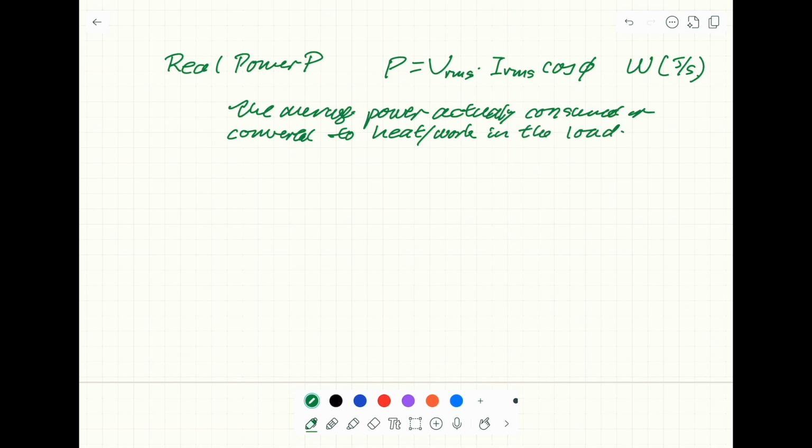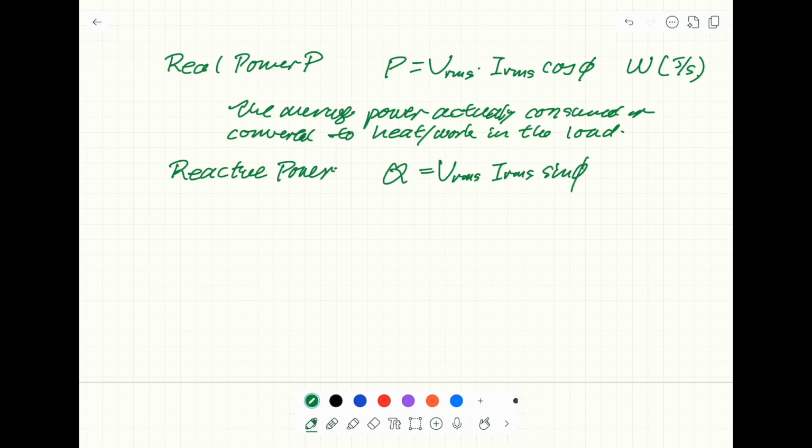Second, what is the reactive power? We use Q to denote reactive power, and it is the root mean square value of voltage times current times sine theta.